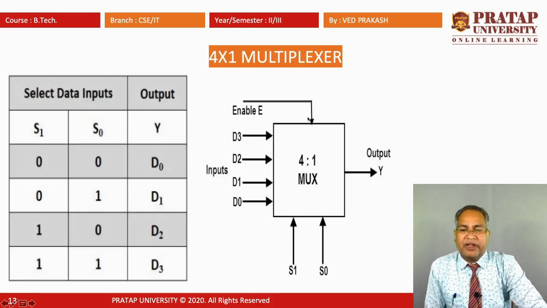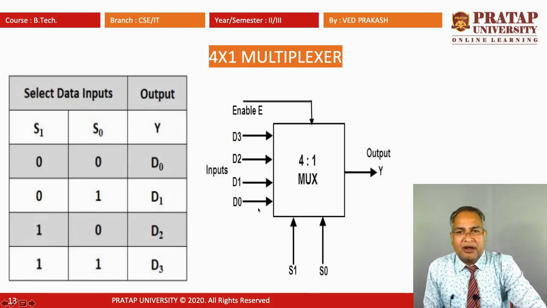Now, here we take a diagram of the multiplexer, the 4 cross 1 multiplexer, because its inputs are 4 and output is 1. Due to this reason it is known as a 4 cross 1 multiplexer.